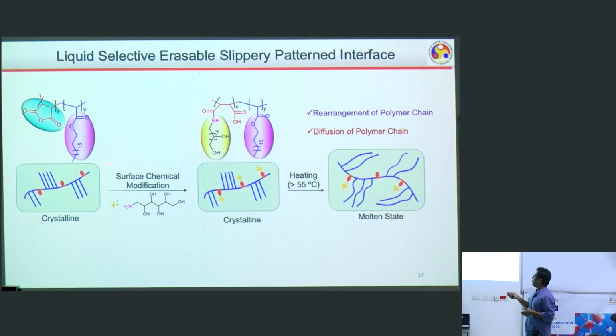Now you say, why does the heating revert back its property? It's because in the crystalline phase you have limited functional groups available on the surface, and that's the point you post-modify. Once you heat it up, it's a molten phase, the polymer segments are rearranging or diffusing, and that's the way these hydrophilic segments are buried and re-establish the low surface free energy, right?